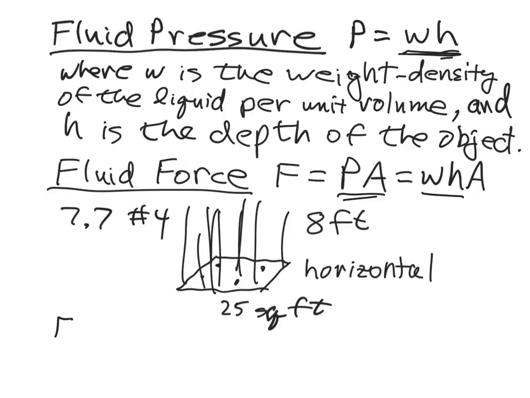The total force on the sheet metal would be, well, the weight density for the water is 62.4 pounds per cubic foot. I guess I should show my units here. And then the depth, every point being 8 feet, gives us that, and then times the area.